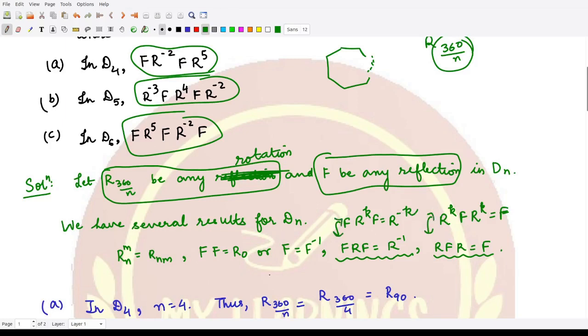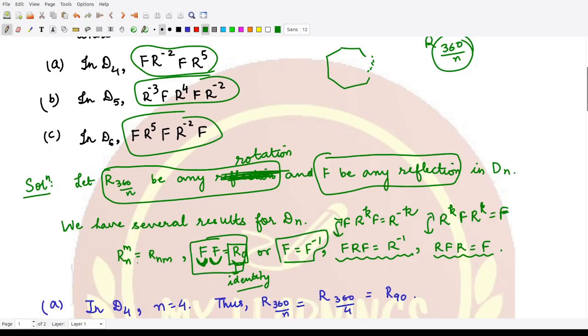Moreover, any reflection when composed with itself gives you the identity, because once you do the same thing again, reflecting two times, you get back the same thing, which is the identity operation. So you can also write F as its own inverse. This thing you also know.